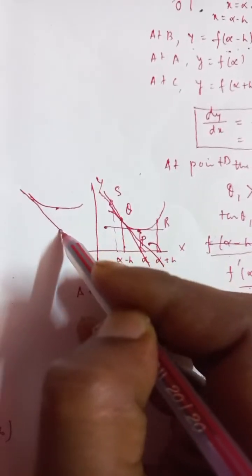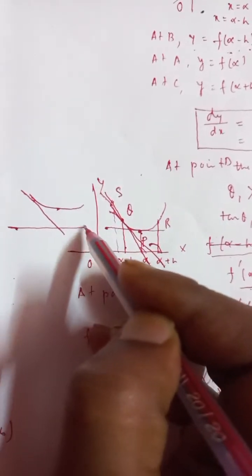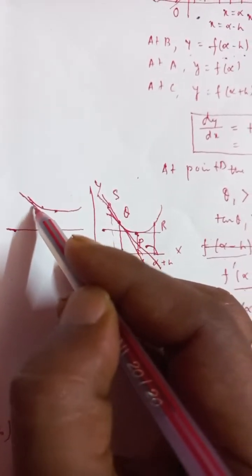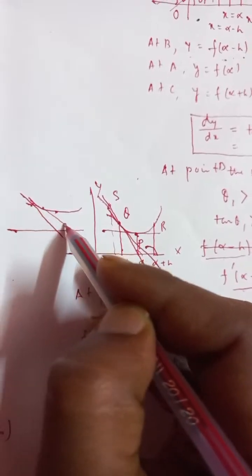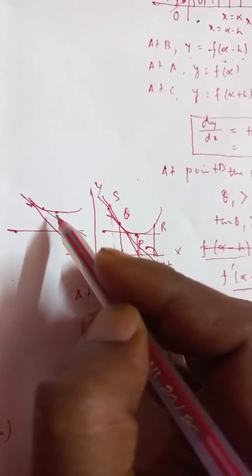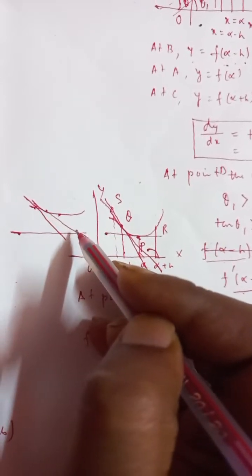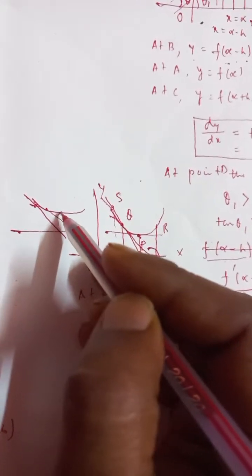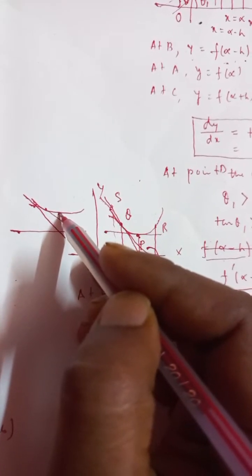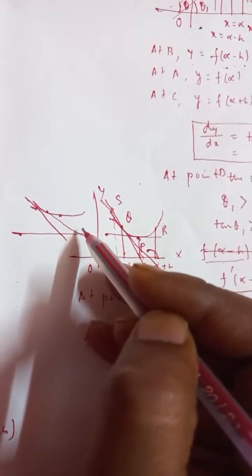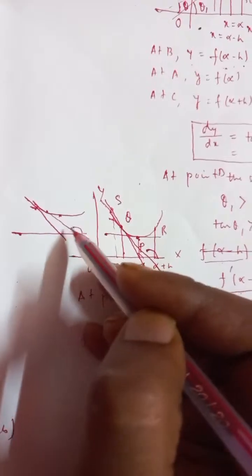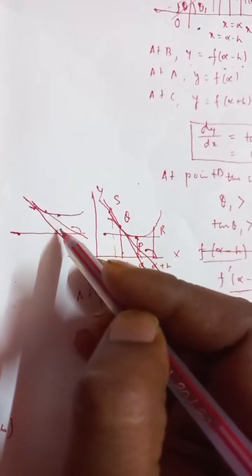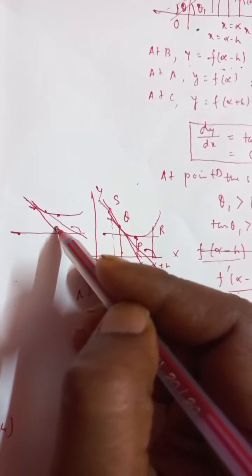Here is the slope on the x-axis. The point near the minimum point has a larger slope, and the point far away from the minimum point has a smaller one.